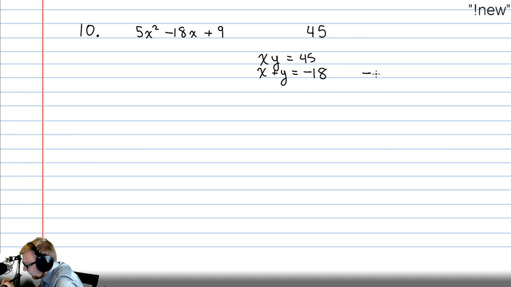So they're both negative. So negative 15 and negative 3. Good. So how do you write it down? You get 5x squared minus 15x minus 3x plus 9.